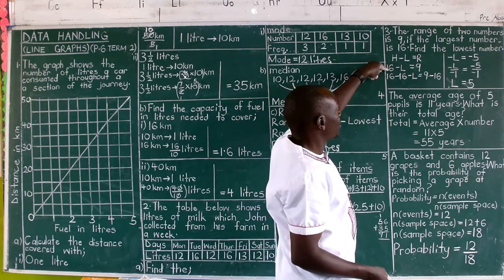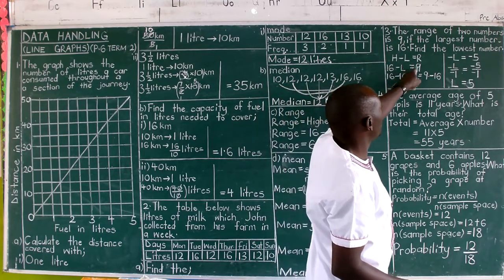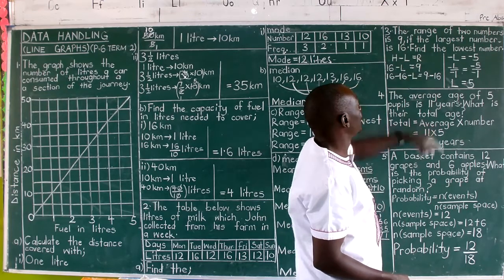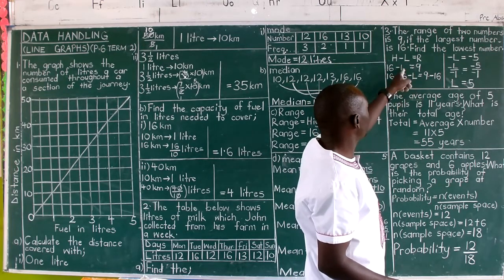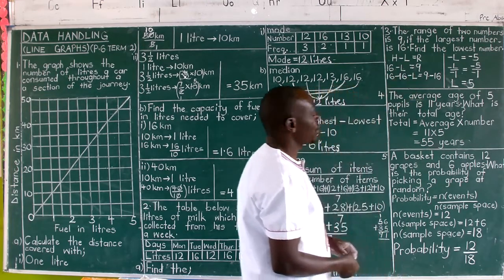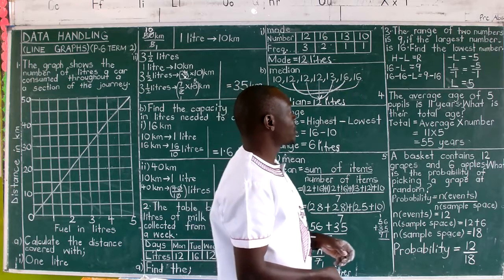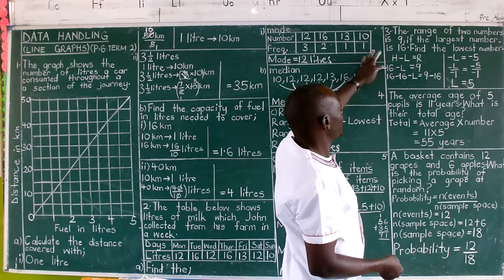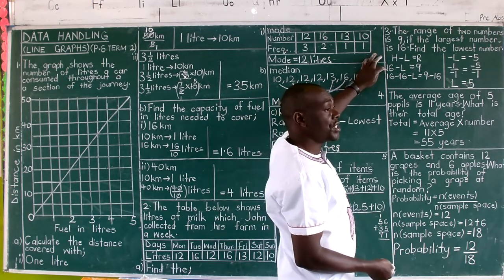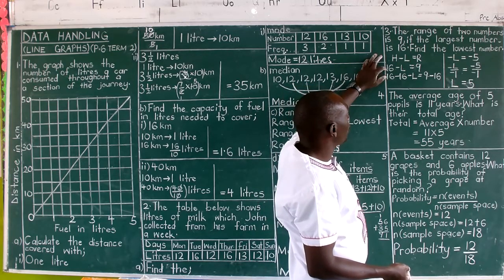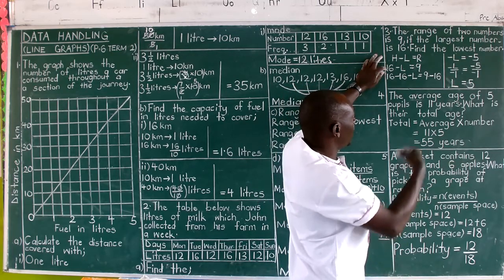You say 16 minus the lowest equals the range, which is 9. So substitute accordingly; we want to get this L, which is in the place of the lowest. Now start solving the algebra. 16, being a positive integer, only crosses to the other side when it's negative.